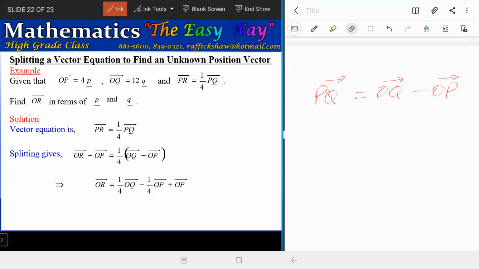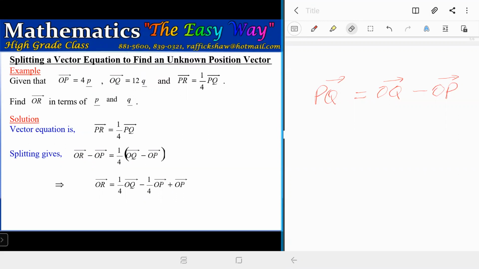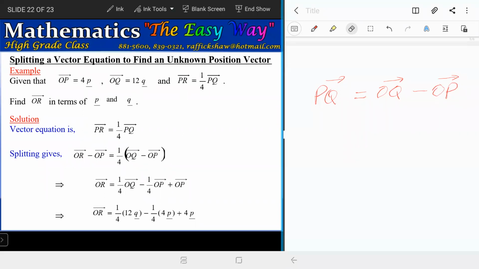And then this OP minus OP comes over here, I'm going to come plus OP. And now I know I have OR as my subject right there. Then we put in the values. The small OQ up here, the 12 OQ is 12 small OQ there.